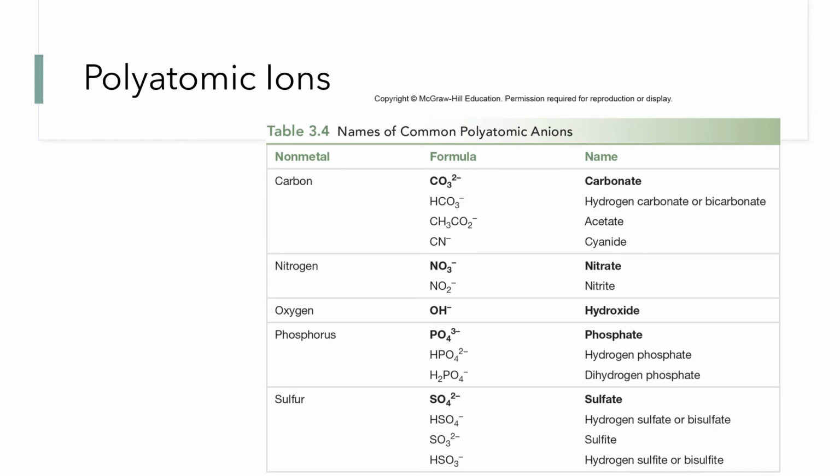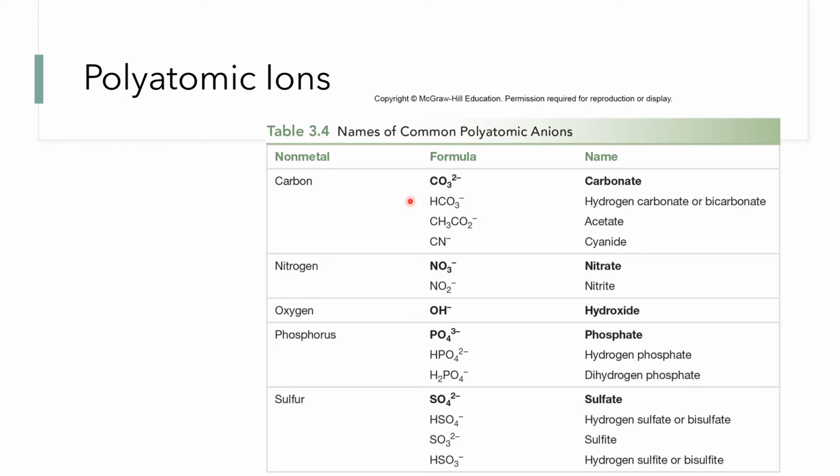For polyatomic ions, they're going to act very similarly. So if instead of chlorine you had this hydrogen carbonate molecule, or bicarbonate, HCO3-, this acts the same as a chlorine.